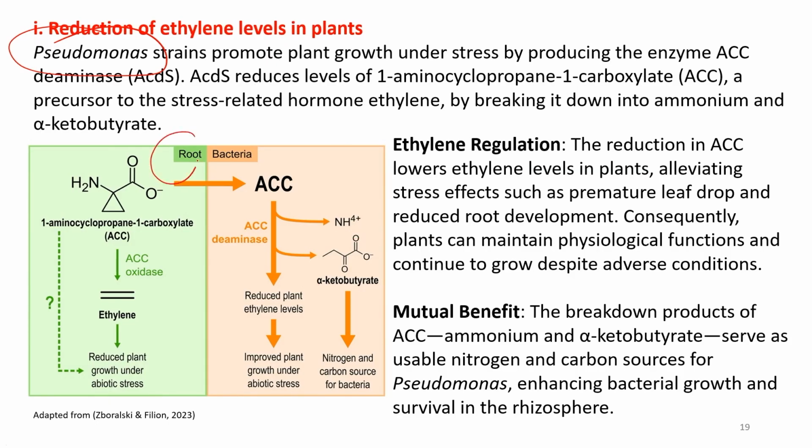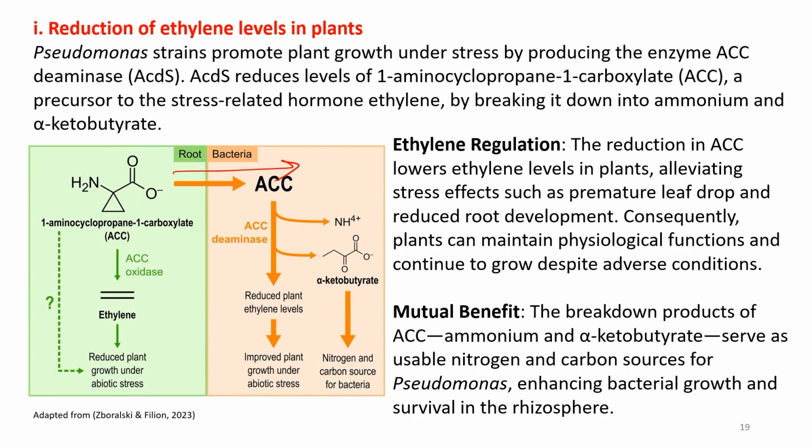In the root, this compound is available, which is taken up by the bacteria, and here it is converted into other compounds, thereby stopping the production of ethylene. So, there is ethylene regulation.